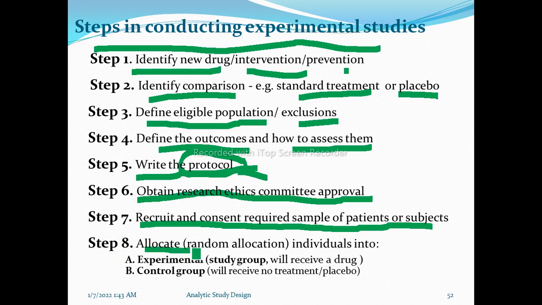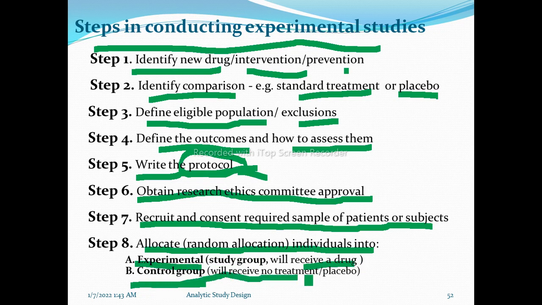Step 8, random allocation of individuals will be made. Individuals will be randomly allocated into an experimental group and a control group. Experimental groups are study groups which will receive the drug, whereas control groups will receive no treatment or will receive placebo.